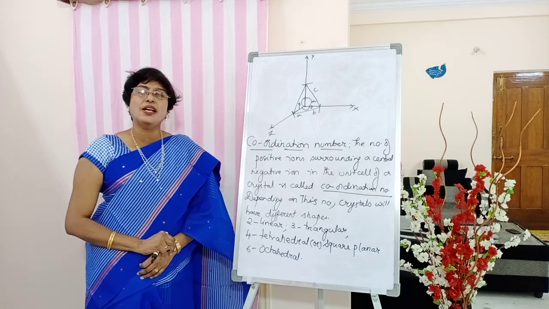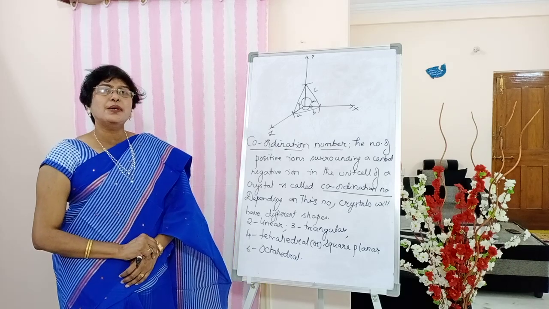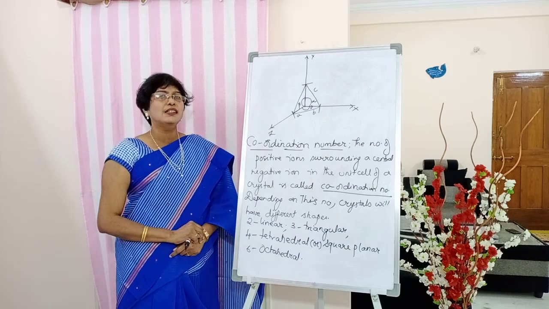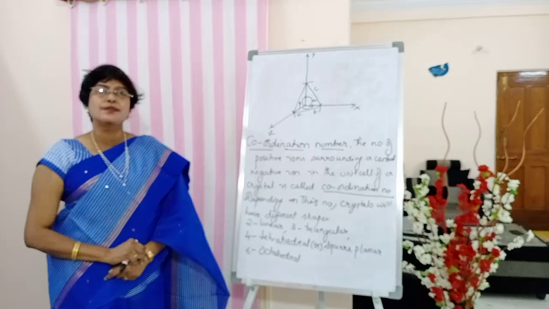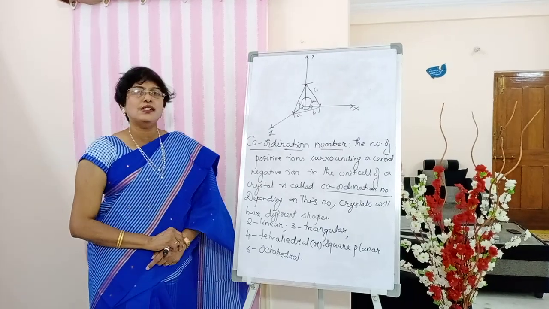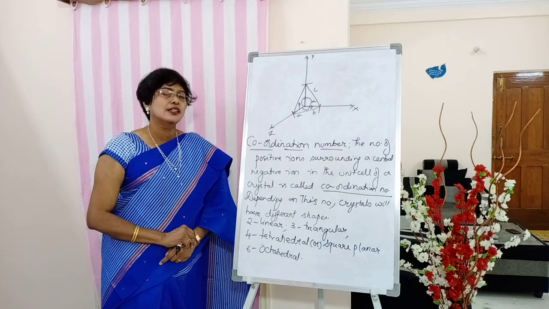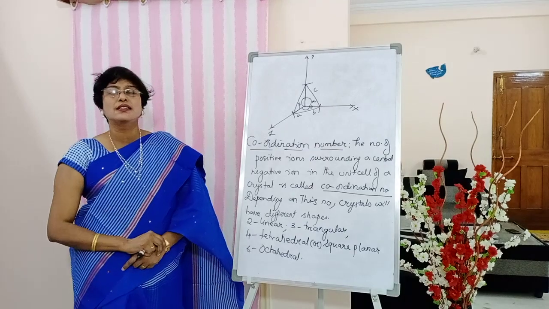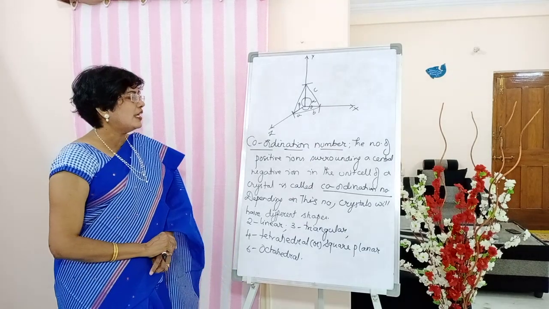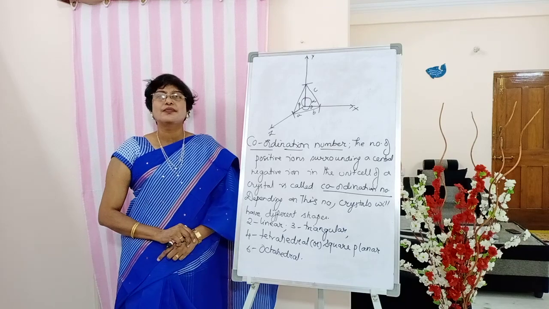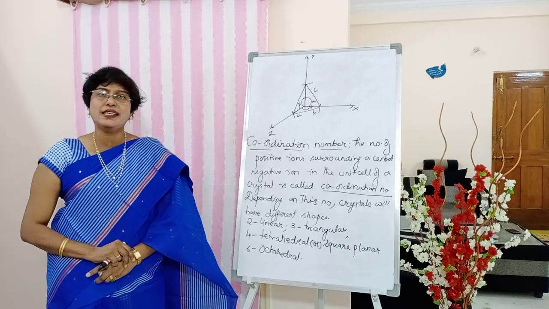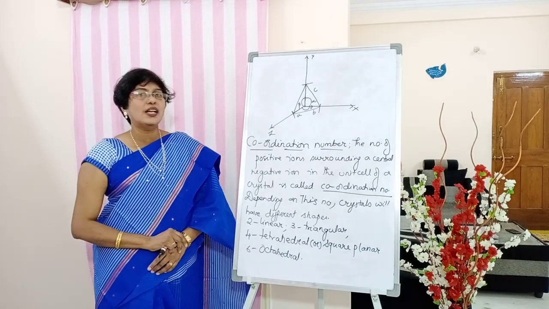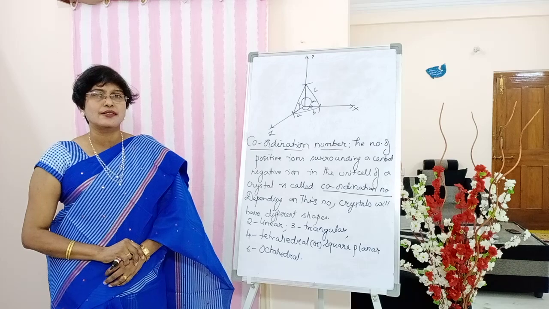The number of positive ions surrounding a central negative ion in the unit cell of a crystal is called the coordination number.